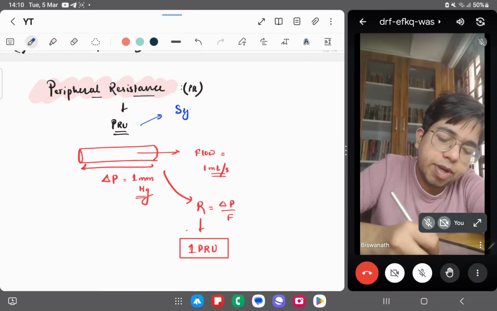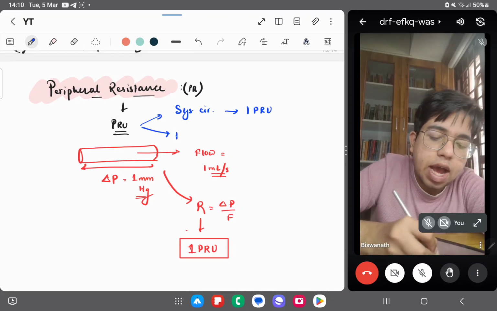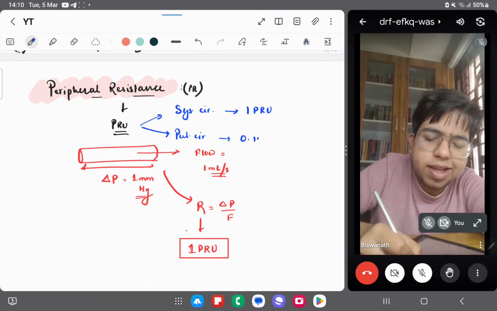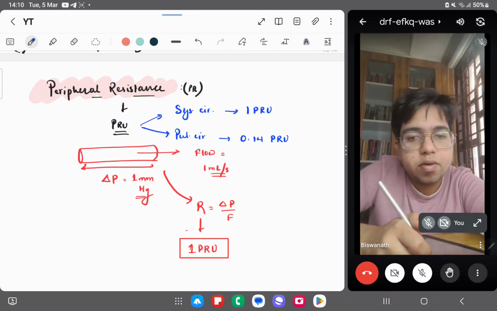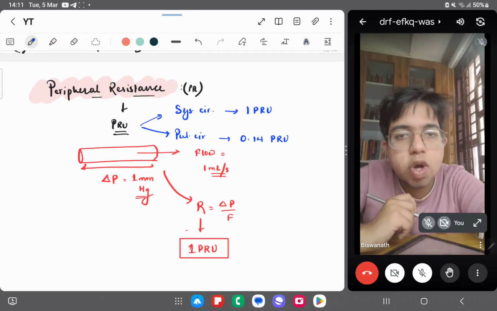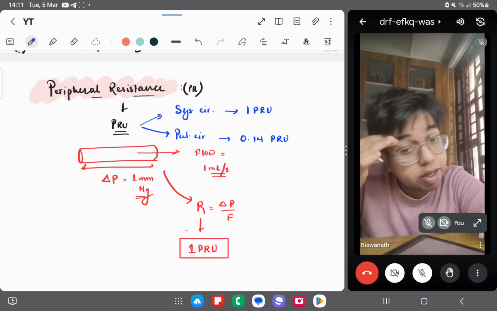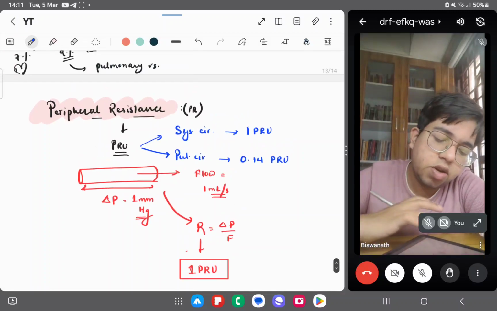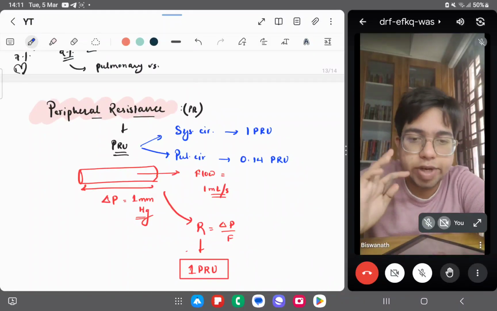So systemic circulation will have 1 PRU, and pulmonary circulation will have about 0.14 PRU. This PRU is the unit of peripheral resistance. The implications of peripheral resistance are a separate chapter. We just needed to discuss this much in the hemodynamics topic.